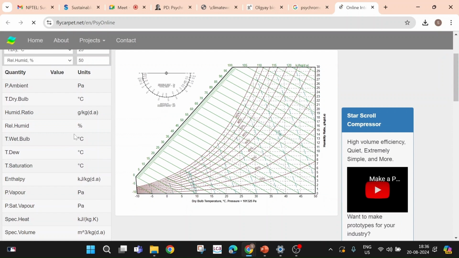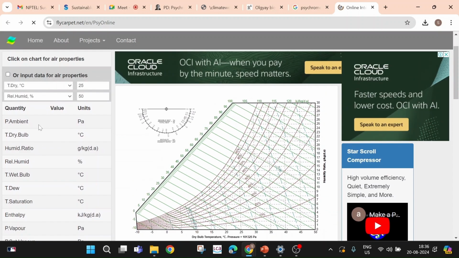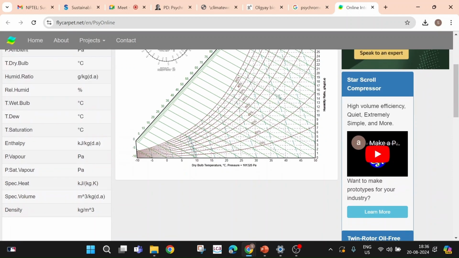So these are the parameters you can see here. Whatever parameters are mentioned, you can see from the psychometric chart along with the unit in which they are written. So dry bulb temperature, humidity ratio, relative humidity, wet bulb temperature, saturation temperature, enthalpy, all these things you can see.